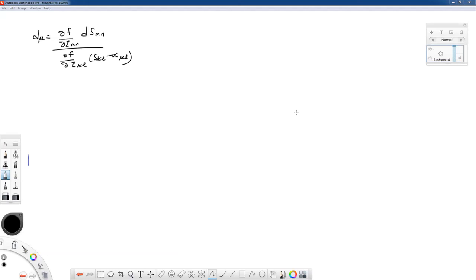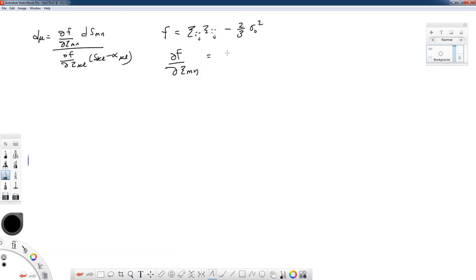What I'm going to do next is going to be kind of specific to the J2 criterion. If we look at the functional form that we just wrote down, we said f was equal to xi ij xi ij minus 2/3 sigma naught squared. If we take the partial derivative of this function f with respect to xi mn, well, we have each of these terms squared.